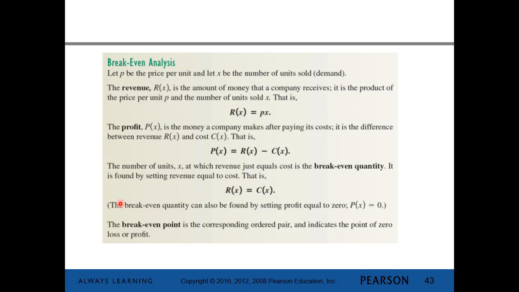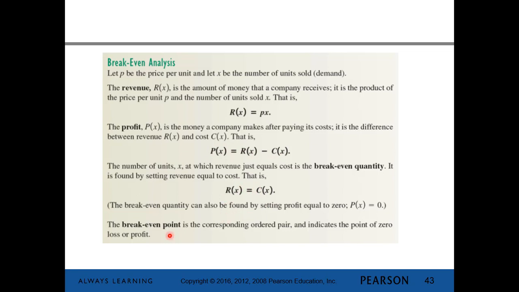Okay, so now the break-even quantity can be also found by setting the profit function equal to 0. So again, remember, if there's no difference, if these are the same, if you're at a break-even point, then your profit is 0. So you can go ahead and put 0 here and solve for this, and you get the same thing.